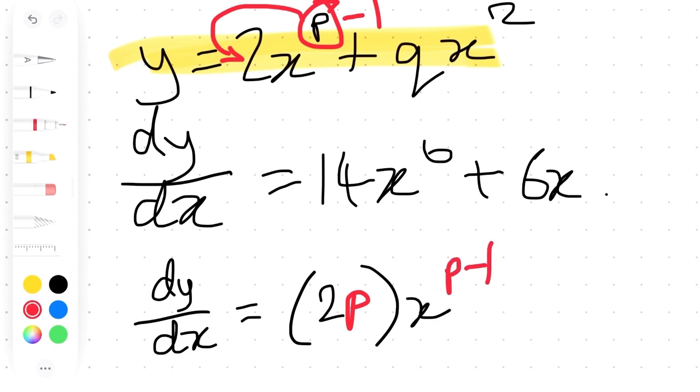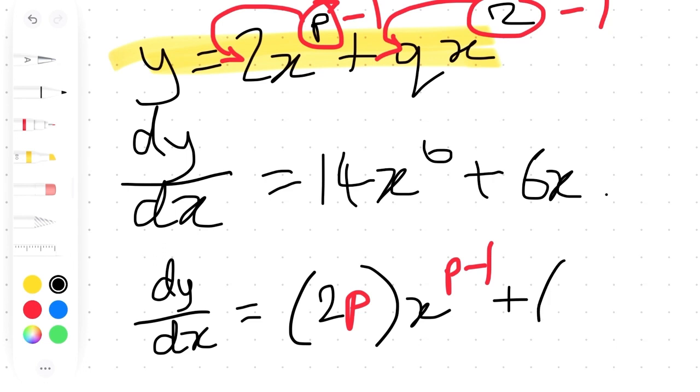And then for the second part, you take the 2, multiply it by the q, and reduce the power by 1. So that would give us plus 2q times x to the power of 2 minus 1, which is just 1.